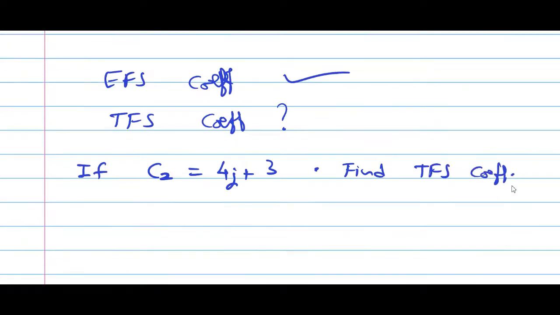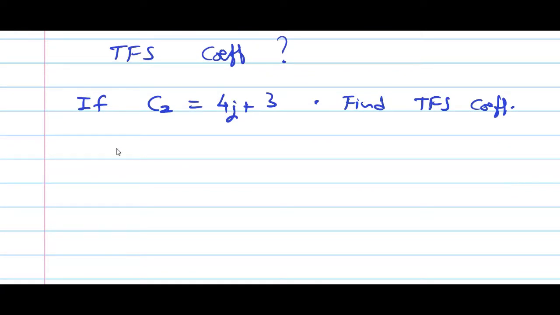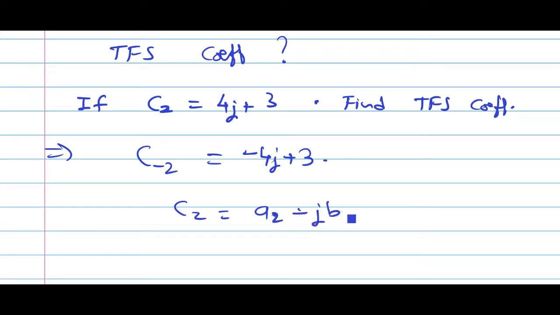Okay, so C2 is given. So from that C2 we can easily get C minus 2. C minus 2 will be its conjugate. So 4j plus 3 has conjugate minus 4j plus 3. Okay, so we have the two equations, C2 and C minus 2, and we have to determine the trigonometric Fourier series coefficients. So we know that C2 equal to A2 minus JB2 upon 2.